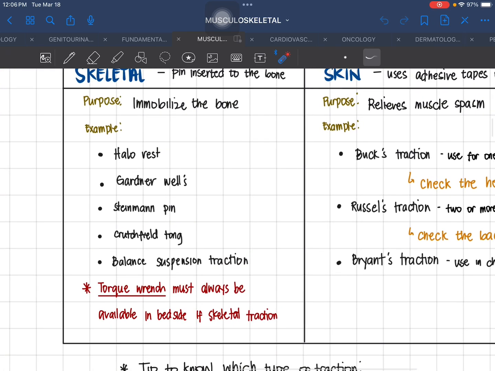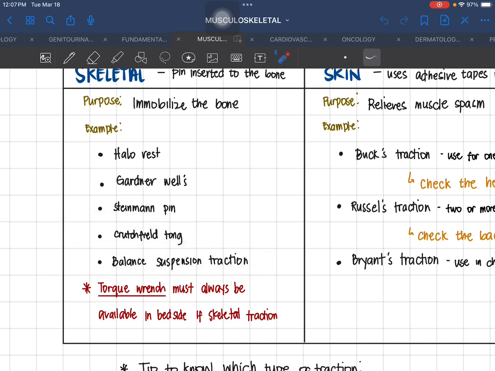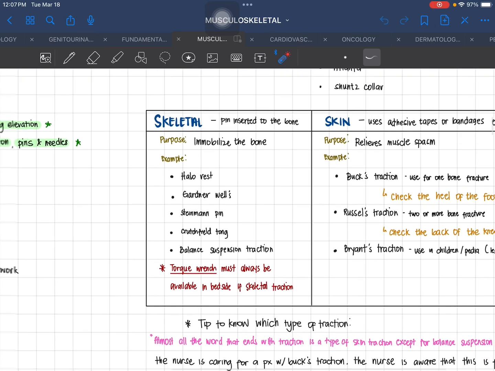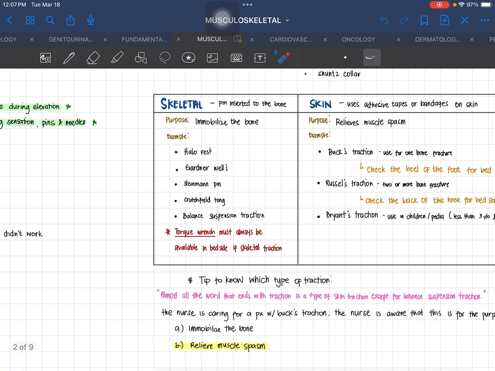So, what are the examples of skeletal? Halo vest, Gardner Wells, Steinman pin, Crutchfield tongs, balance suspension traction. Ang palatandaan pala kapag gusto mong malaman kung skin o skeletal traction ba yun, kapag sa skin, nagtatapos yung mga type na yon with traction.